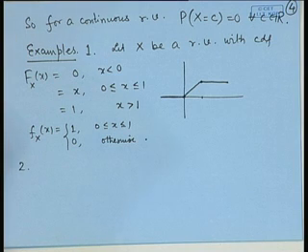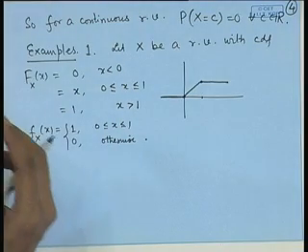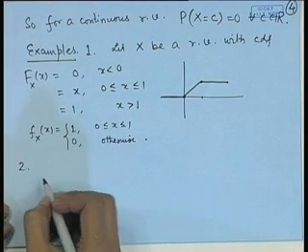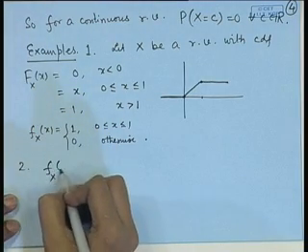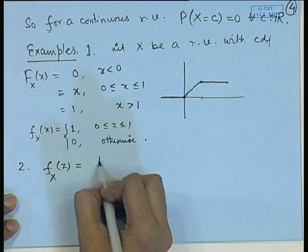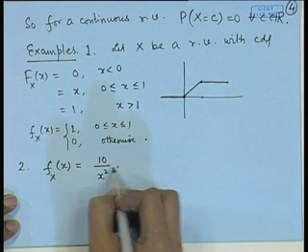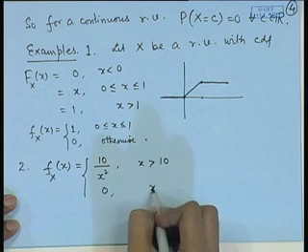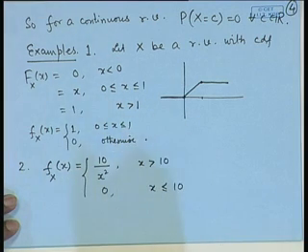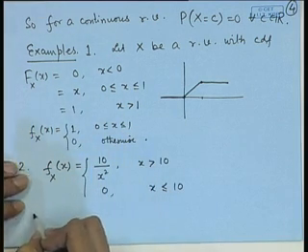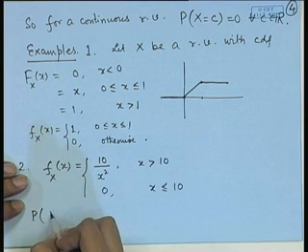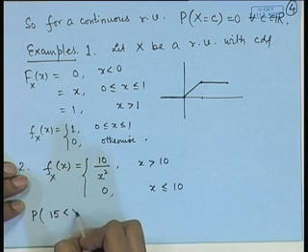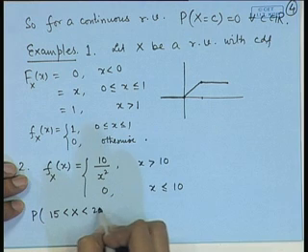Let us consider some more examples. Suppose f(x) is given by 10 by x square for x greater than 10 and 0 for x less than or equal to 10. I want to find the probability that 15 is less than X less than 20.